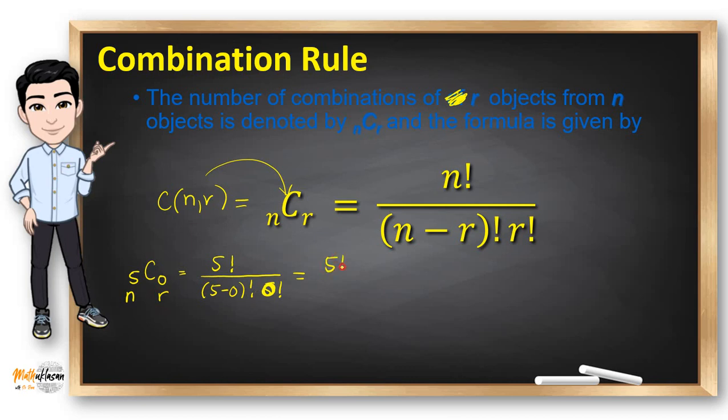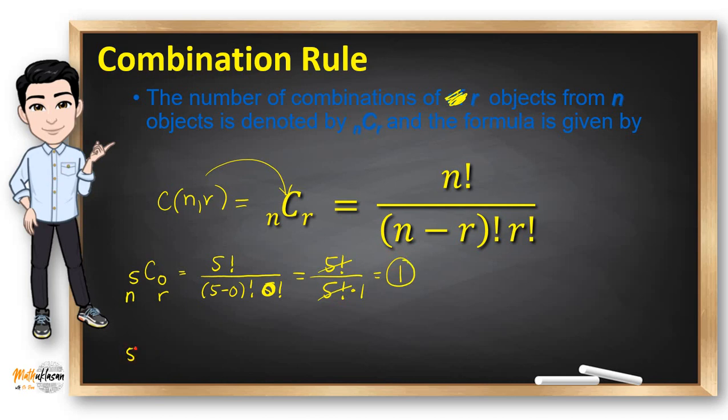So we have 5 factorial divided by 5 minus 0 factorial times 0 factorial. 5 minus 0 is 5, so this is 5 factorial, and 0 factorial is just equal to 1. It's the same as dividing 5 factorial by 5 factorial, so the answer here is 1.